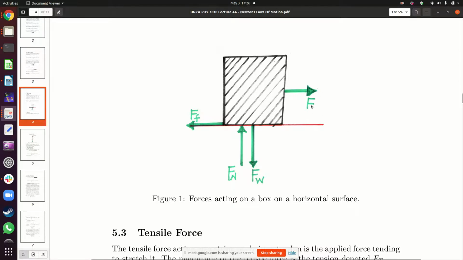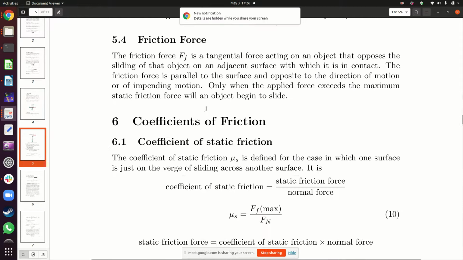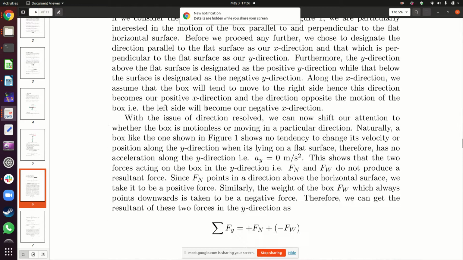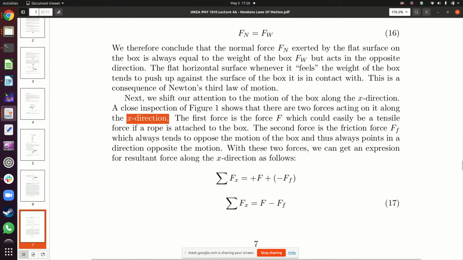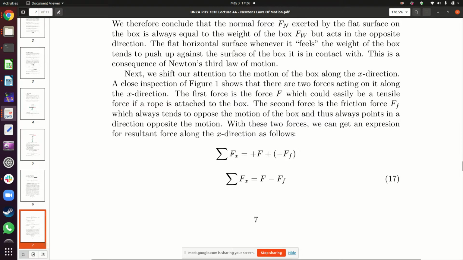So when you do that, we end up having a pulling force, which is F, to be positive, and there is this friction force which is going to oppose the movement of the box, and that's going to be a negative force. So we can work out the resultant force along the x direction based on these two forces as follows. Along the x direction, the resultant force is equal to the pulling force, which is positive, plus a negative friction force.